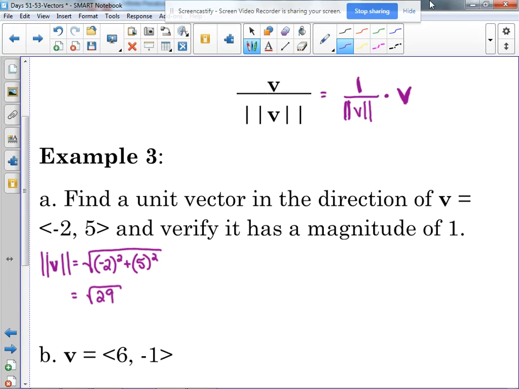So to find the unit vector, I'm going to label it u since it's a unit vector. That's going to be 1 over the magnitude times the original vector.